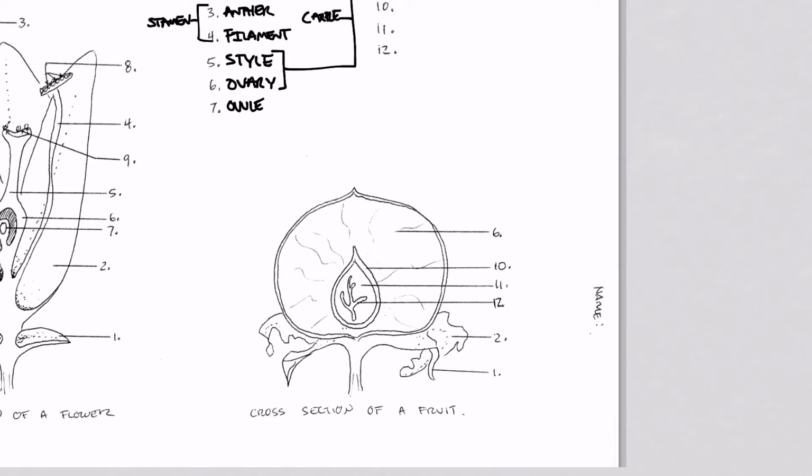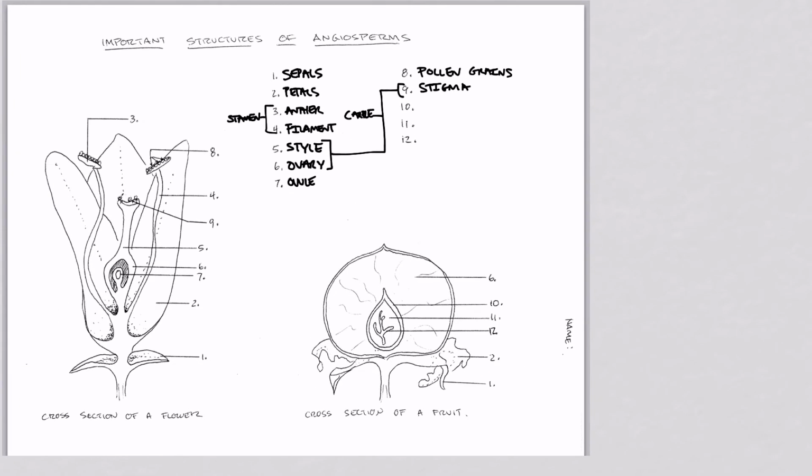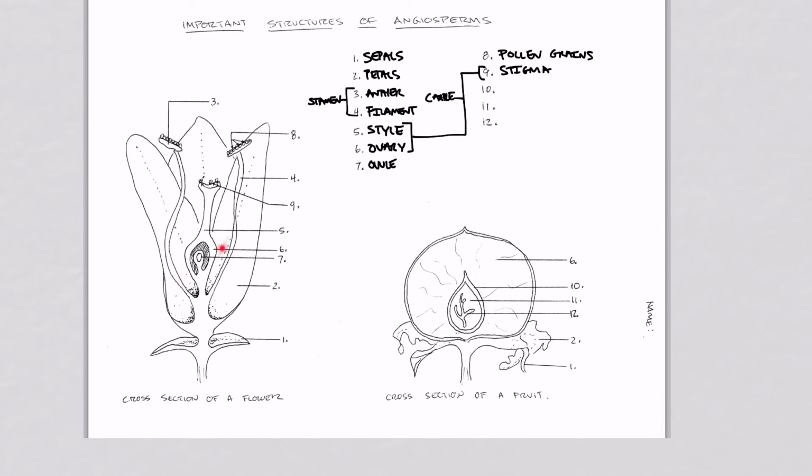Number 1, the sepals are going to be down here. Number 2, the petals are going to fall away and turn brown, but they'll still be present. And number 6, which was the ovary of the flower, develops into the tissue of the fruit. So for example, when you eat an apple, you are eating what was plant ovary.